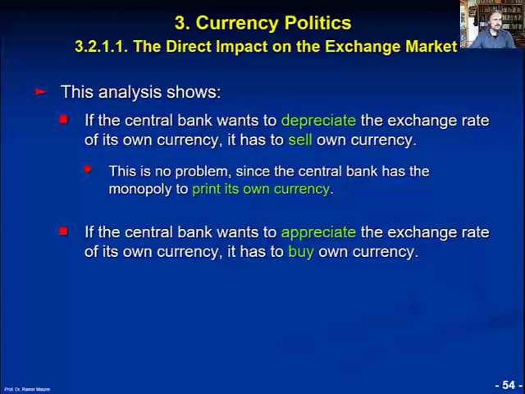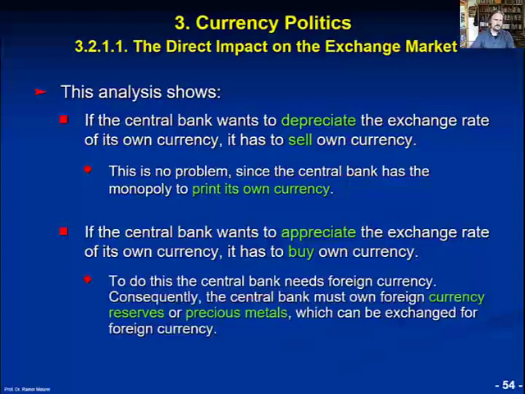If, however, the central bank wants to appreciate the exchange rate of its own currency, it has to buy its own currency. To do this, the central bank needs foreign currency reserves. Consequently, the central bank must own foreign currency directly, such as dollar reserves, or some kind of precious metal like gold or silver, which can be exchanged for the corresponding foreign currency.